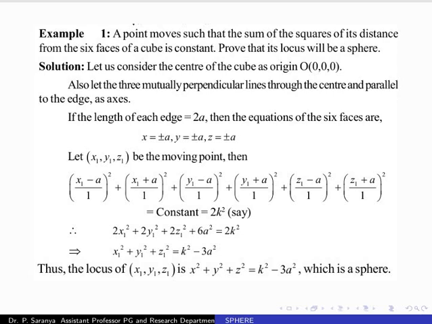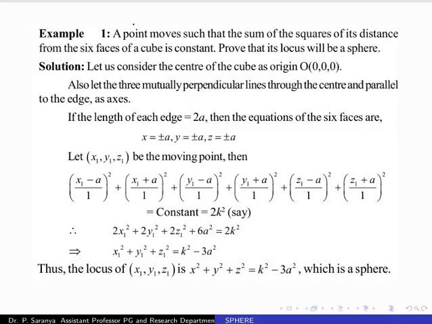Then (x1 minus a) whole square plus (x1 plus a) whole square plus (y1 minus a) whole square plus (y1 plus a) whole square plus (z1 minus a) whole square plus (z1 plus a) whole square equal to a constant, which is equal to 2k square.